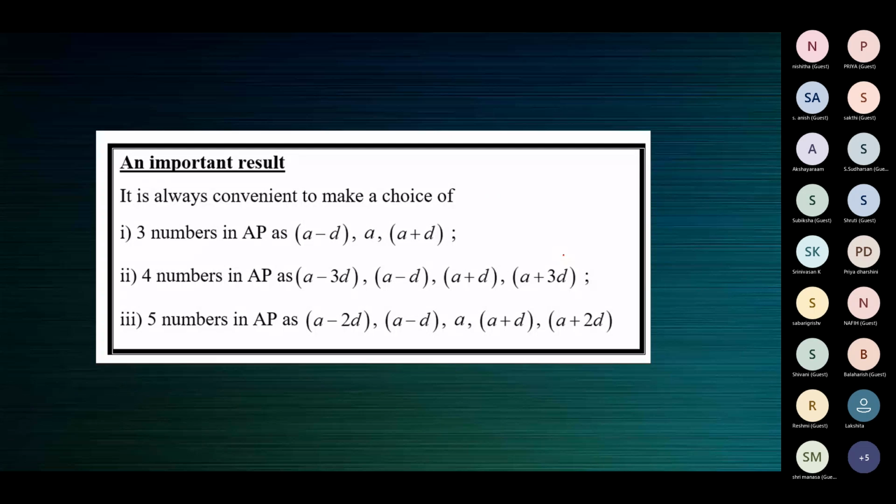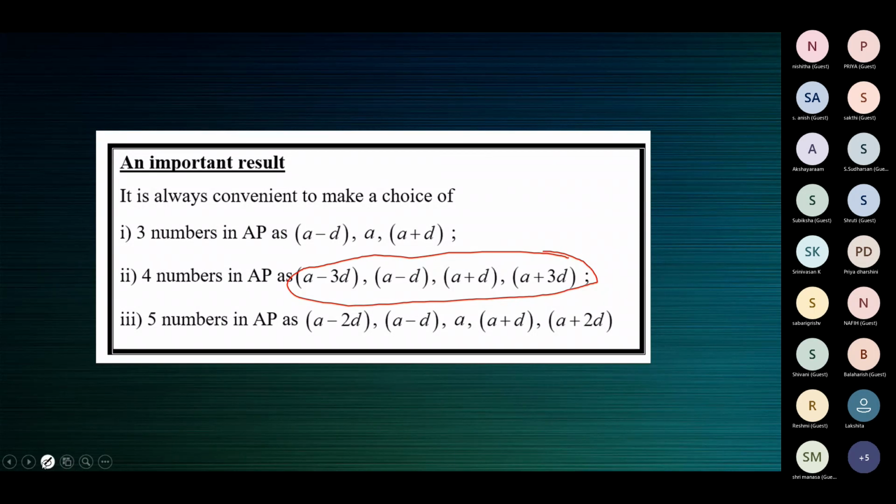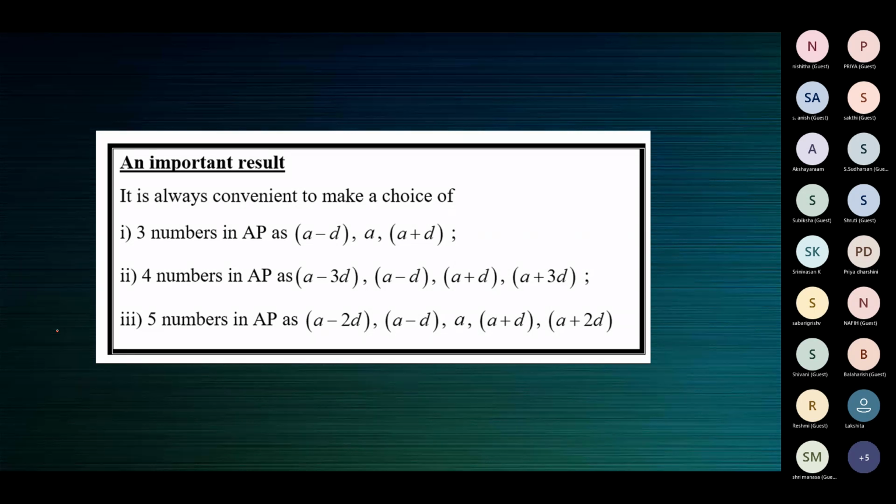Now, how do we check that these four numbers are in AP? When you have to find four numbers, you have some information, and with the help of that information, you have to find four numbers that are in AP. Then it's convenient to make a choice like this.